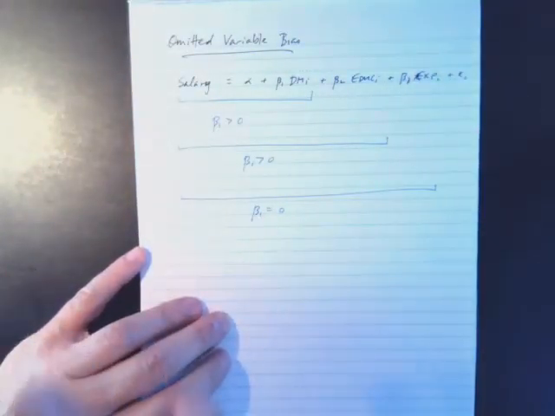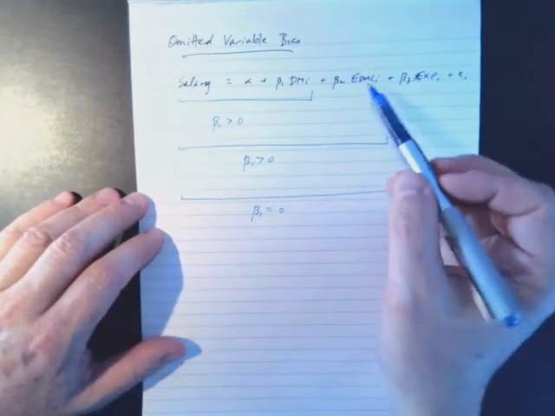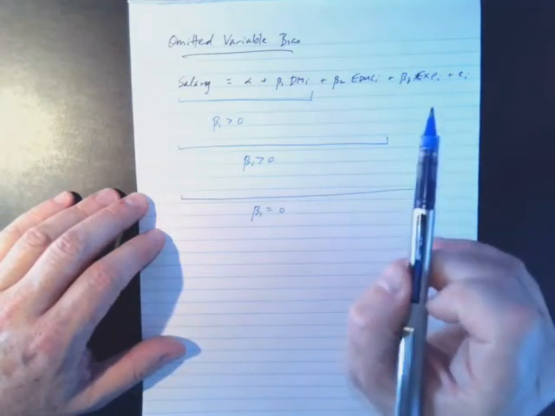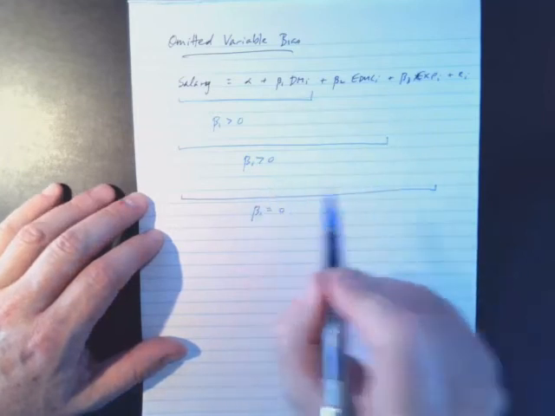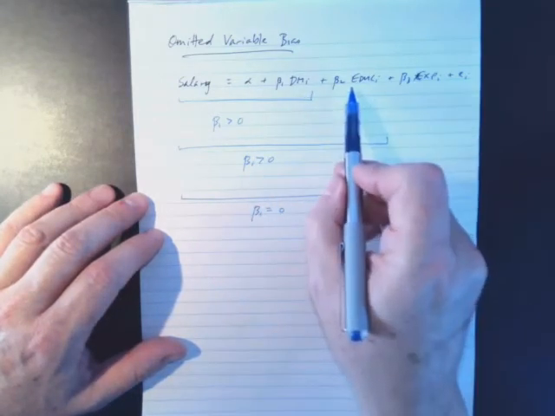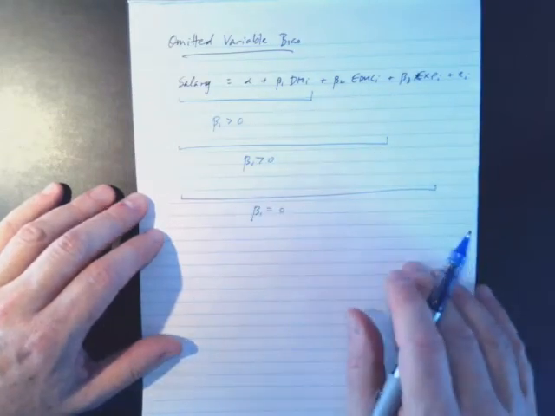So that's all just so you see why it works, but the key issue here is if you leave out a variable that belongs in the model, but the variable is also uncorrelated with the ones that you keep in the model, you don't have to worry about omitted variable bias.